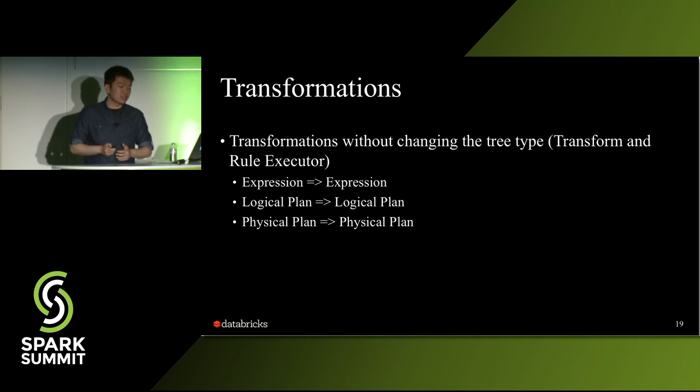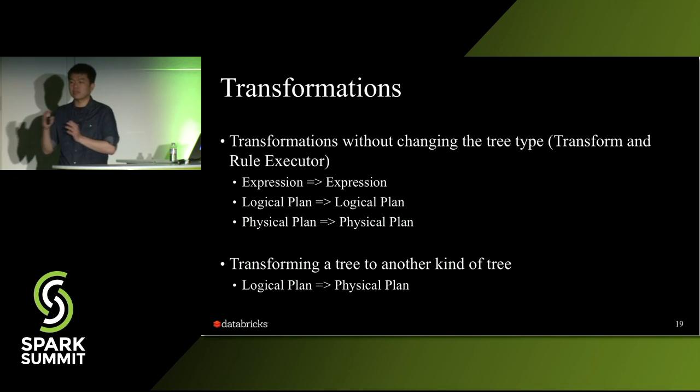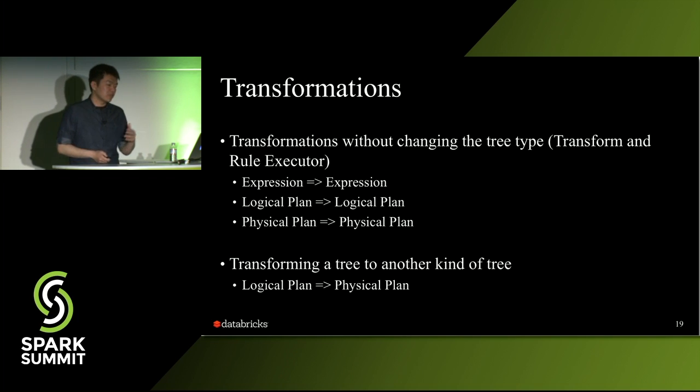The second kind of transformation is used to transform a tree from one kind to another kind. Specifically in Spark, we use this kind of transformation to convert a logical plan to a physical plan. I will start by introducing the first kind of transformation and then talk about the second kind of transformation.